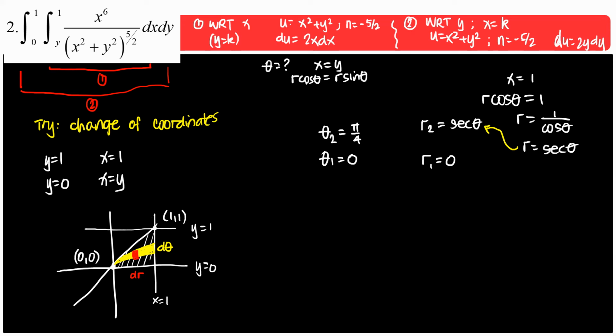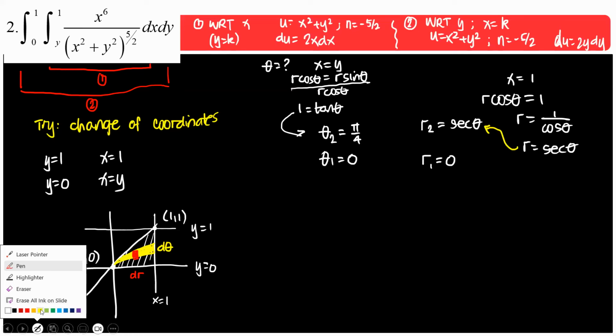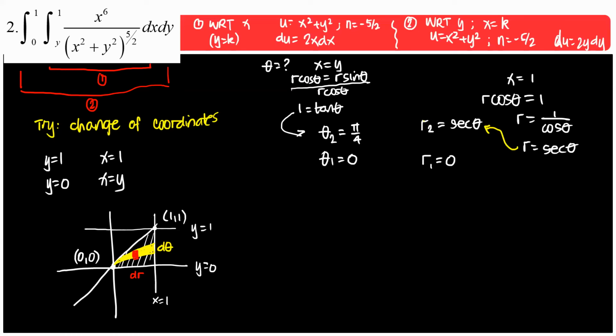If we divide everything by r cosine theta, I can see that 1 is equal to tangent theta. When is tangent theta equal to 1? When theta is equal to pi over 4. So that means here, you have this as the limits of r, this as the limits of theta.